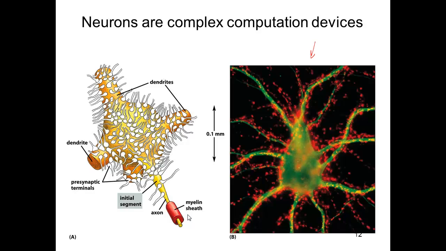You have the axon, so action potentials for this neuron will propagate down through this way, and we have dendrites here that are collecting information from other cells and a lot of other neurons which are interacting with this neuron. So in this example, there are hundreds to thousands of inputs to this neuron to allow it to make a binary decision to either send or not send an action potential down its axon.